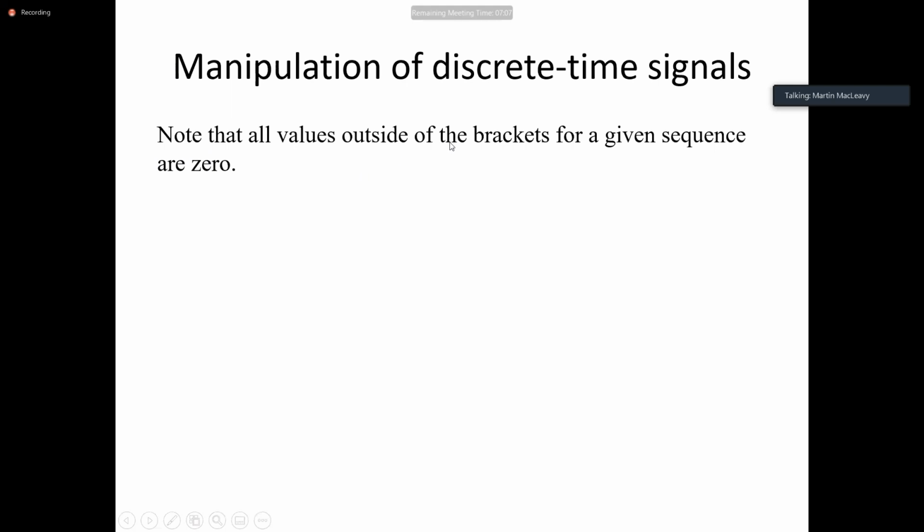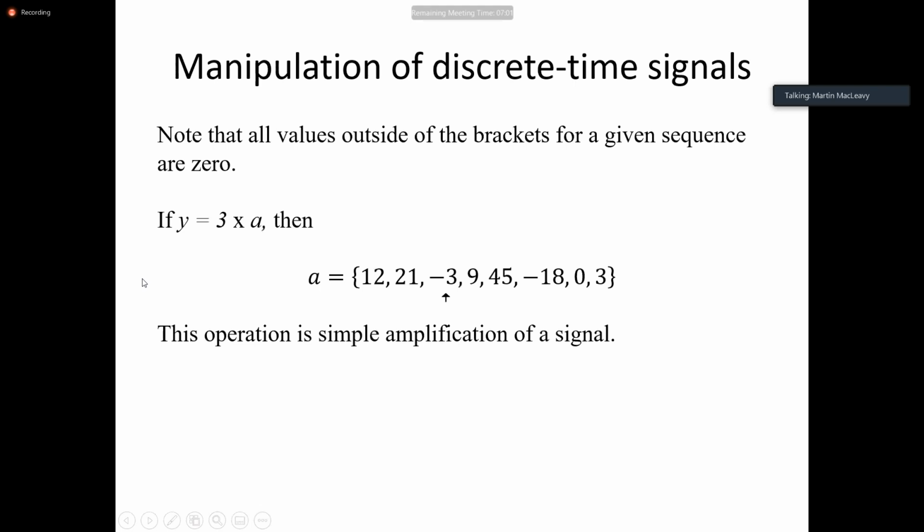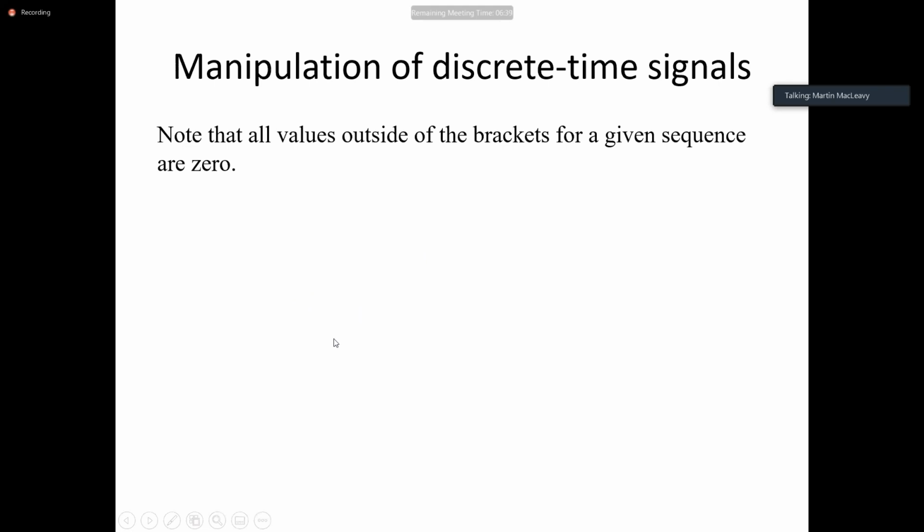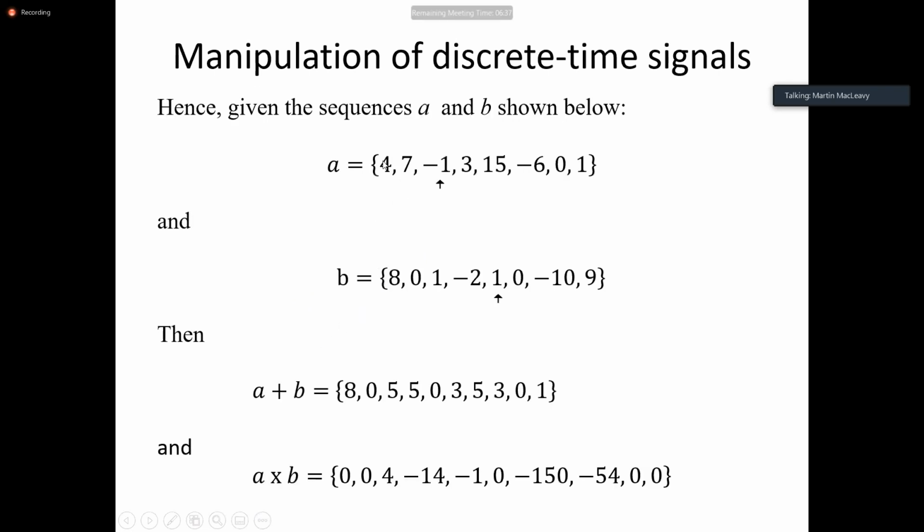So note that all values outside of brackets for a given sequence are 0. Simpler then. If, for example, our variable y was equal to 3 times a, and I'm sure this should be y and not a, so y now is simply going to be 3 times a, which if we look back here, we saw that 3 times 4 is 12, 3 times 7, 21, minus 3.